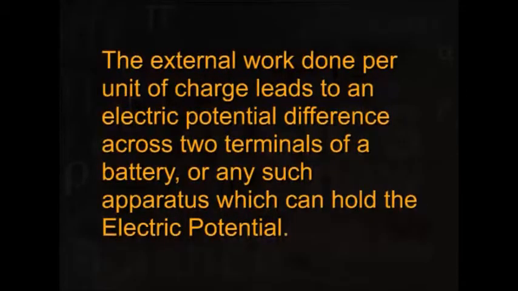Let us therefore define EMF as the external work done per unit charge that leads to an electric potential difference across two terminals of a battery or any such apparatus which can hold the electric potential.